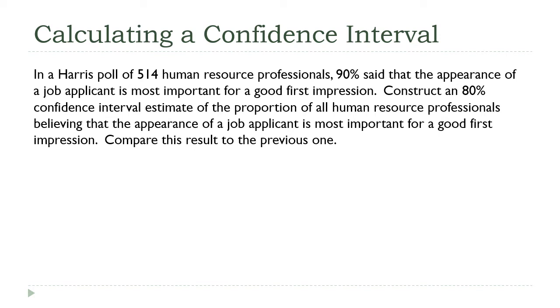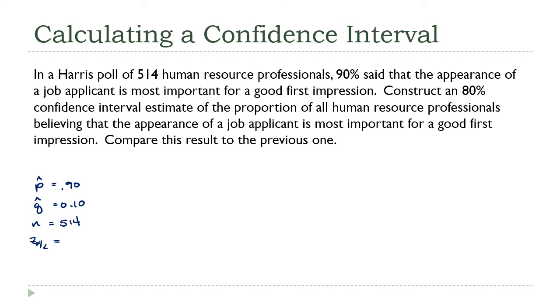Okay, so a lot of what we did on the last slide is going to be the same. P hat is still 0.9. Q hat is still 0.1. N, the sample size, is still 514. Really, the only thing that's going to change is z alpha over 2.